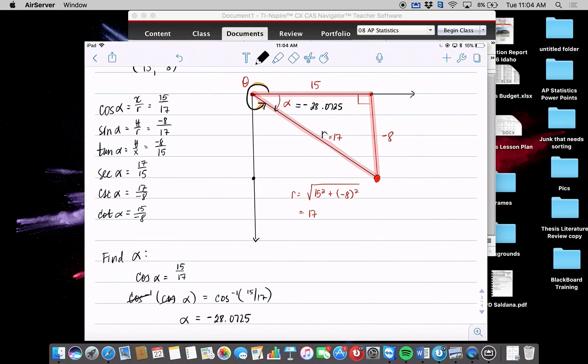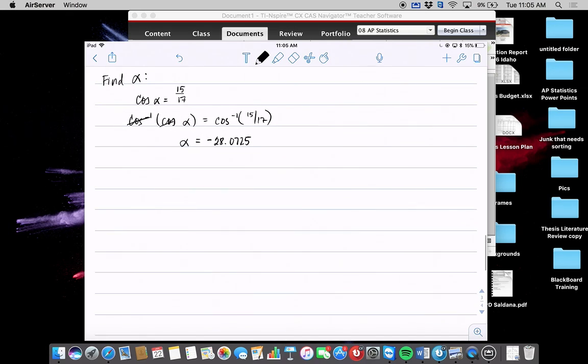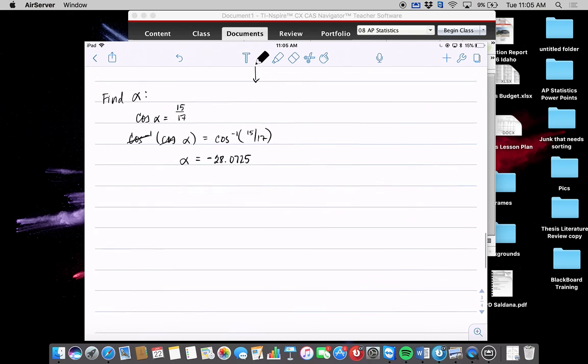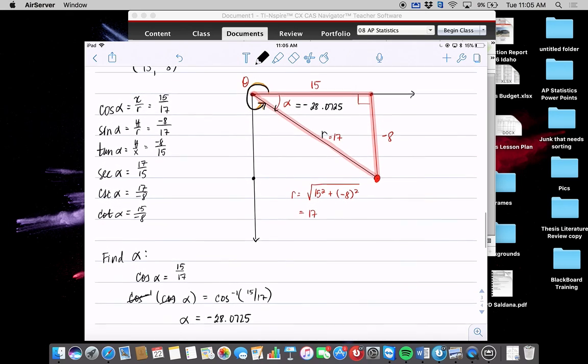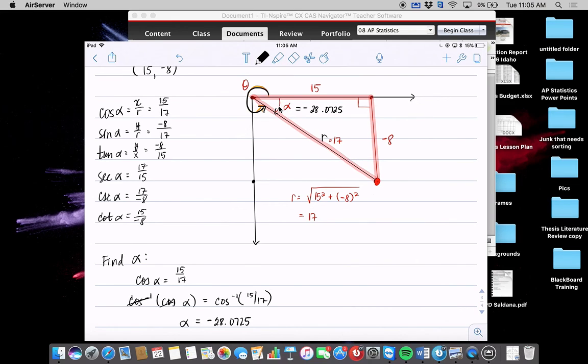When we were finding coterminal sides and coterminal angles, we saw what we had to do to get back there. In this case, we're going to have to add 360 degrees if I want the positive angle, because from here to here it's negative 28.0725. If I want one full positive rotation, I just have to add 360.